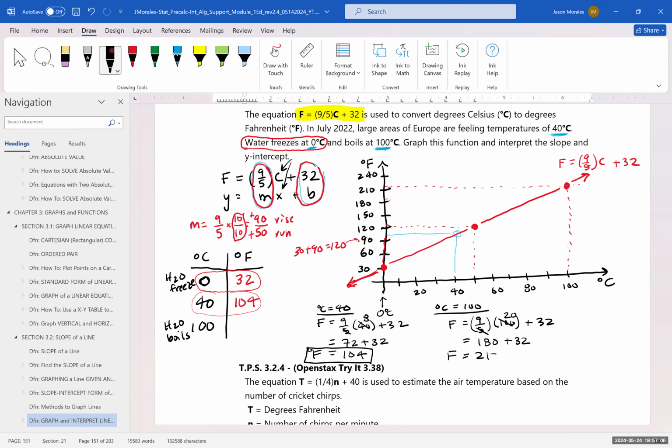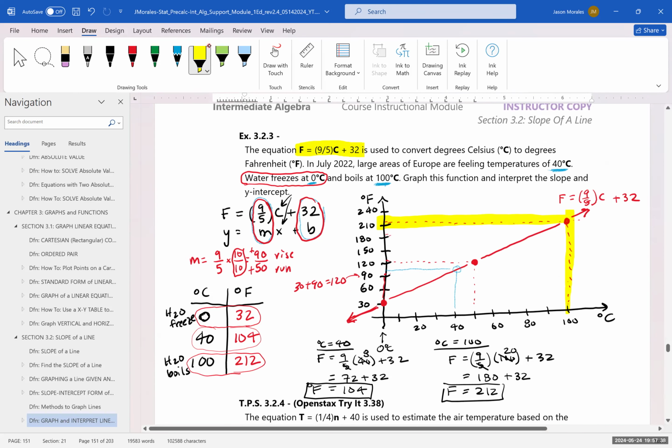That's going to be 212. So when degree centigrade is 100, degrees Fahrenheit is 212. So water boils at 212 degrees Fahrenheit and 100 degrees centigrade. And if we look at our graph, when we had 100 degrees centigrade, we were just over 210 degrees on the vertical axis.